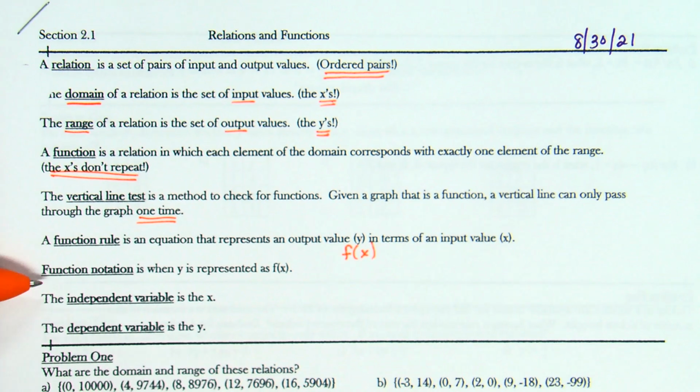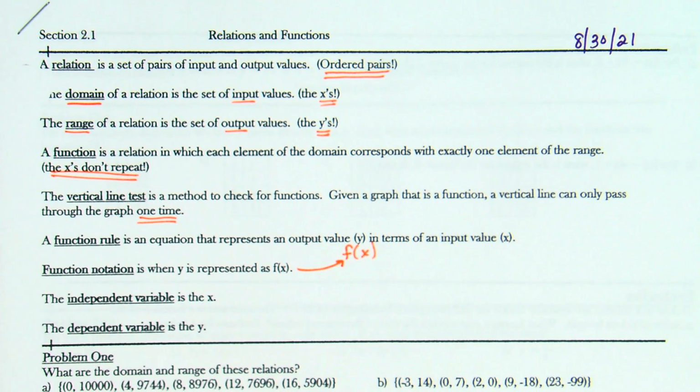And so we use f of x as that function notation. So when you see me write f of x, just realize I could always take that f of x out and replace it with y. So f of x and y are interchangeable in a way. In other words, if you have an equation solved, y equals, that's the same as saying f of x equals.